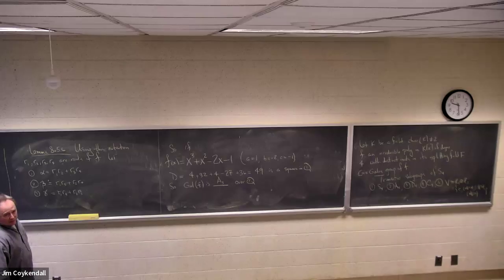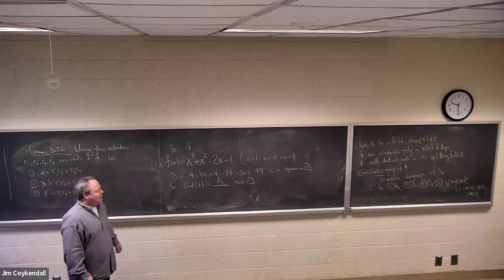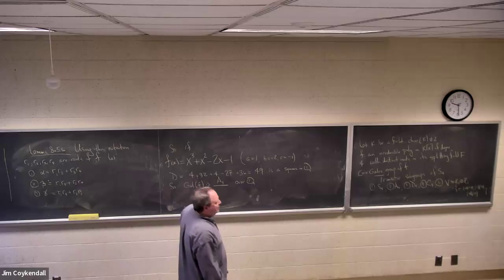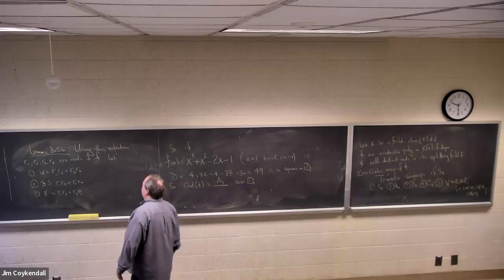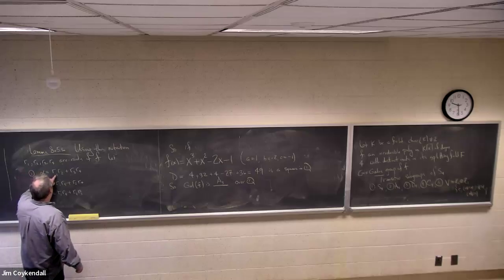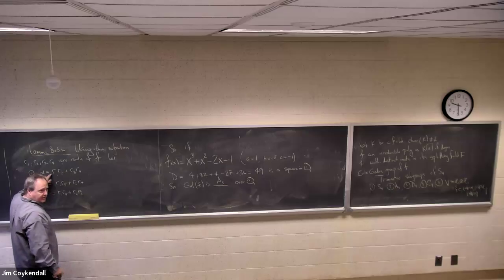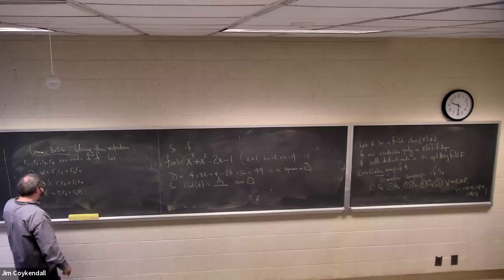Well, notice, for example, let's just look at alpha. The first automorphism just fixes this, right? What does the second automorphism do? The second automorphism swaps 1 and 3 and 2 and 4.